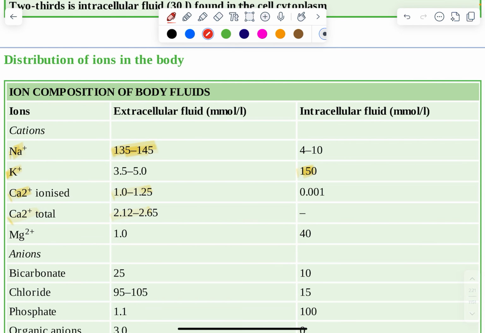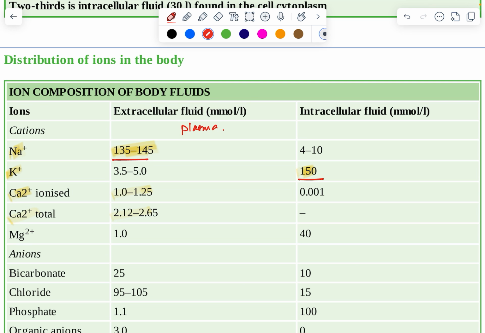Distribution of ions in the body: extracellular fluid and intracellular fluid. Maximum outside is sodium, inside is potassium. Extracellular fluid means plasma: sodium 135 to 145, potassium 3.5 to 5, calcium.